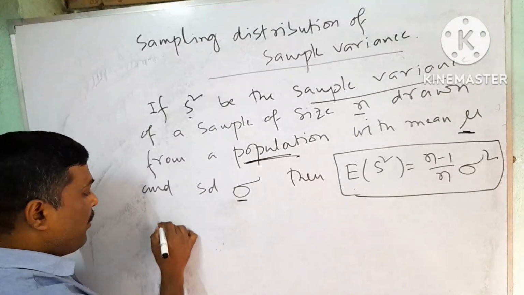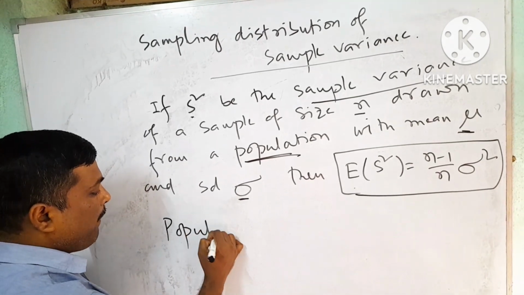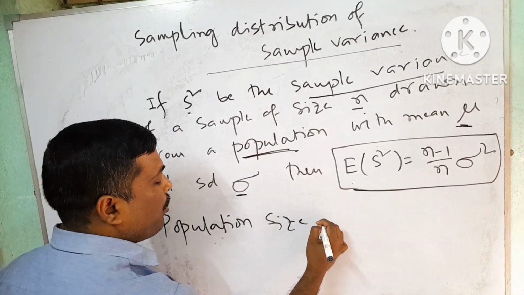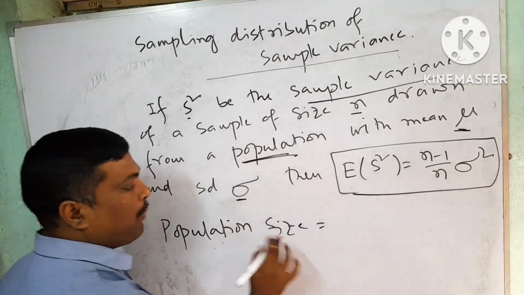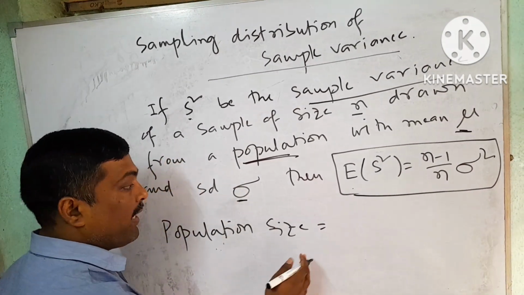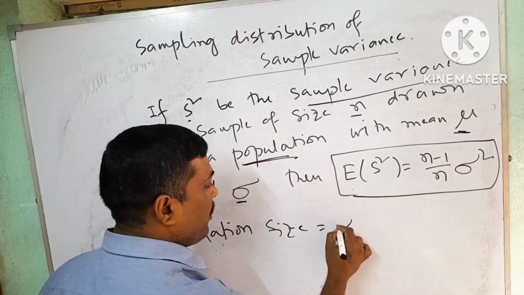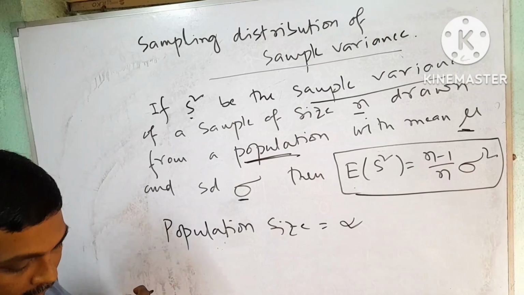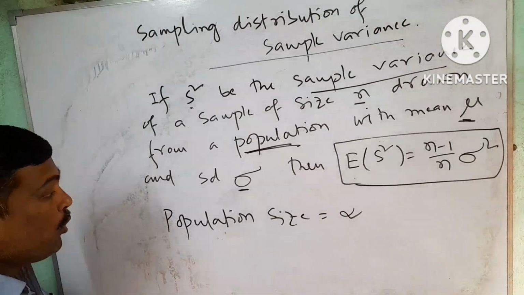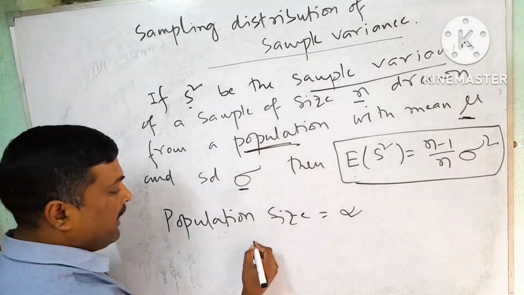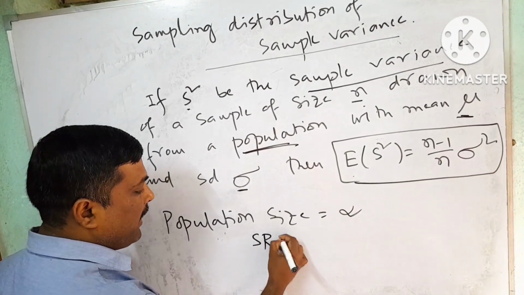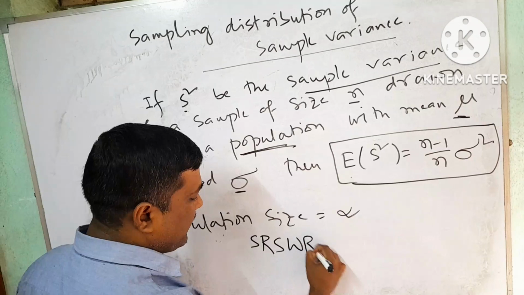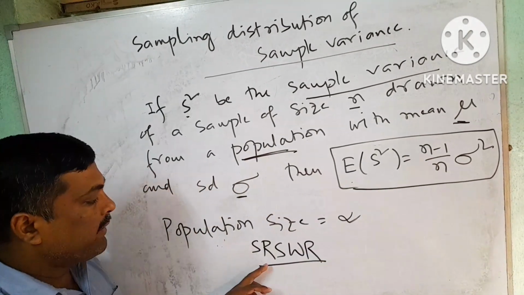Consider the population size to be infinite, and the sampling process is simple random sampling with replacement.